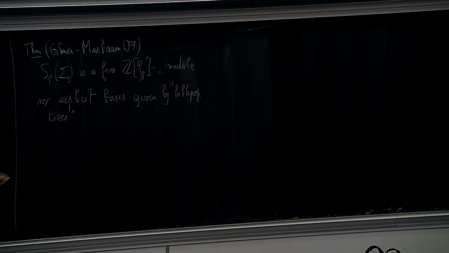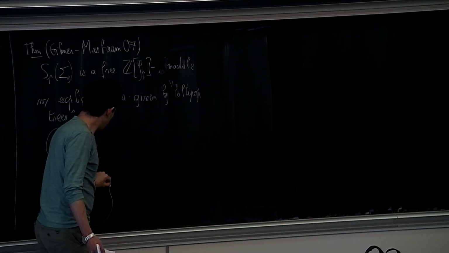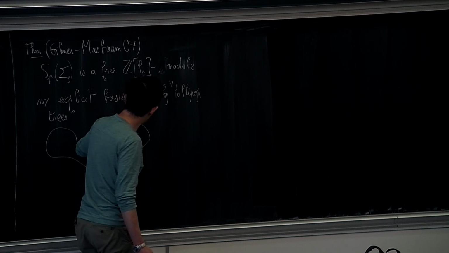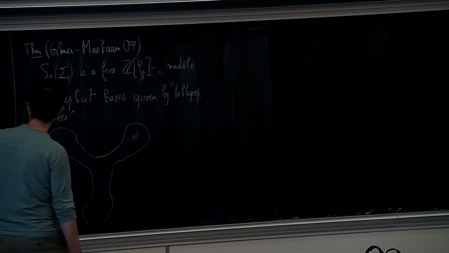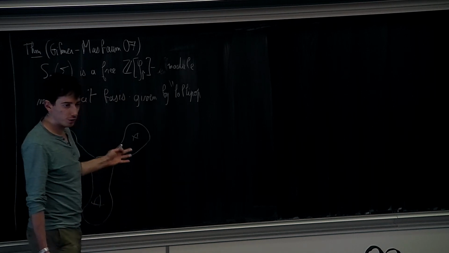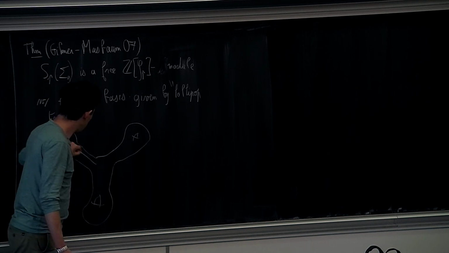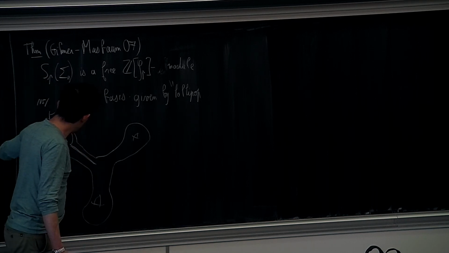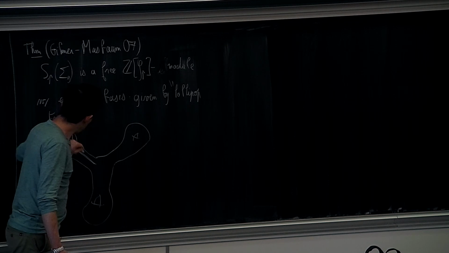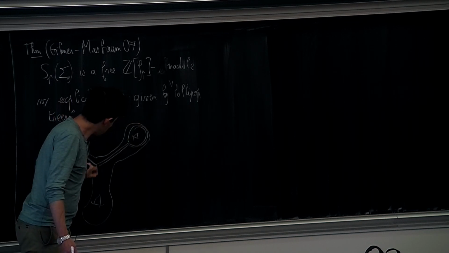Okay, so what's the lollipop tree? Before, to get a basis of the vector space R_p of sigma, what we needed was to have a free variant graph, which was a spine of a handlebody with boundary sigma. So here it will be kind of the same idea. We'll take a spine of the handlebody, but not just any spine.